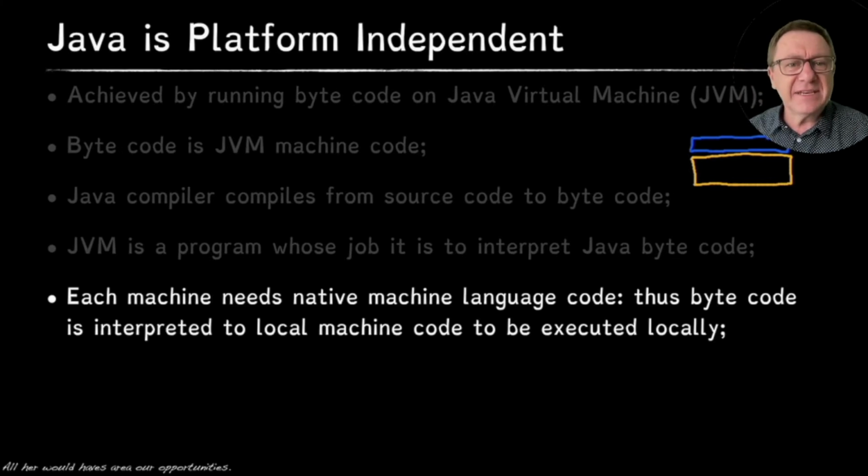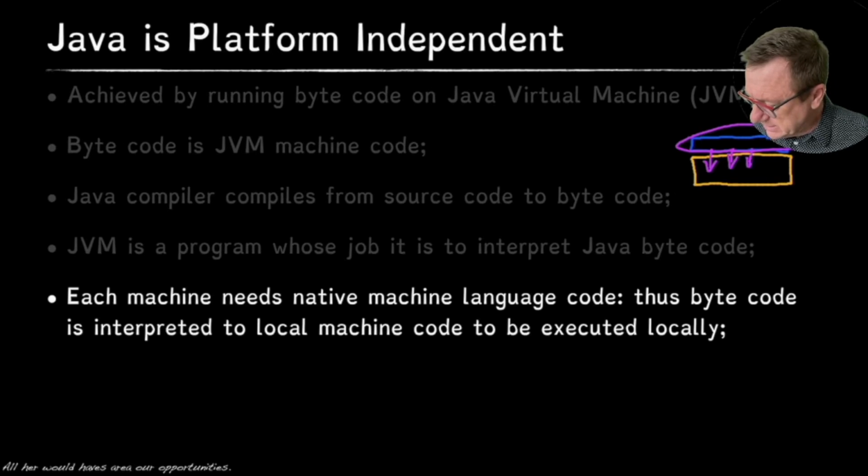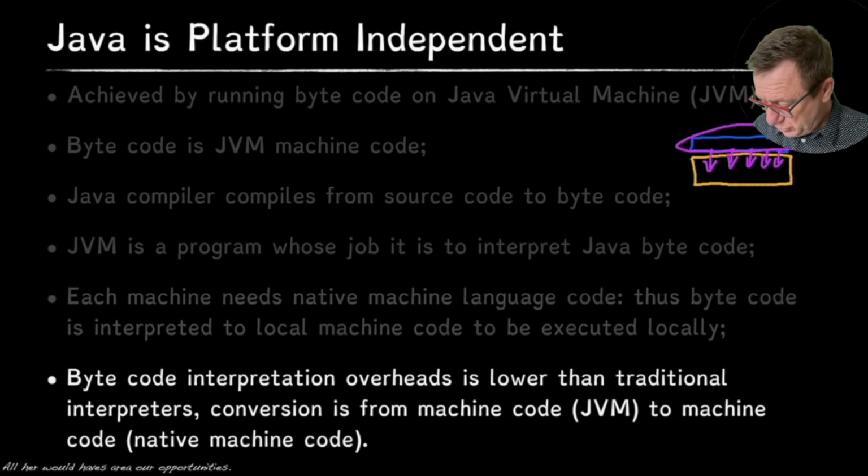Now, as I've said, each machine needs native machine code, so the bytecode is interpreted in here by the Java virtual machine, and then the instructions get passed down to the local machine in the machine language that's specific for that type of machine. Pretty straightforward. So we say bytecode interpretation overheads is lower than the traditional interpreters conversion.